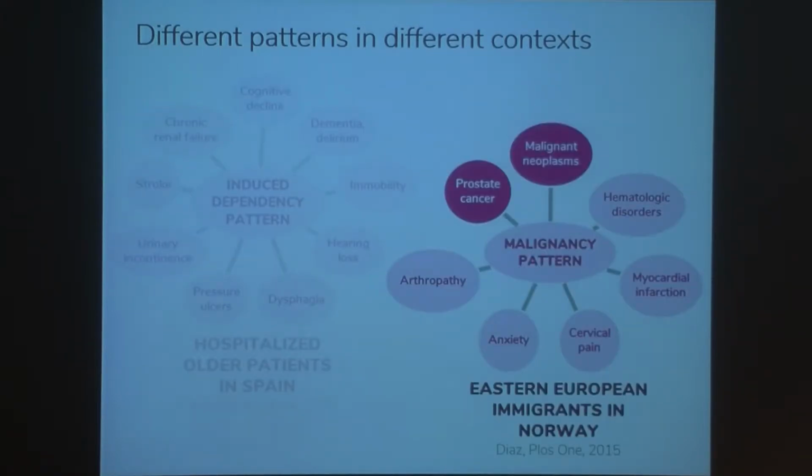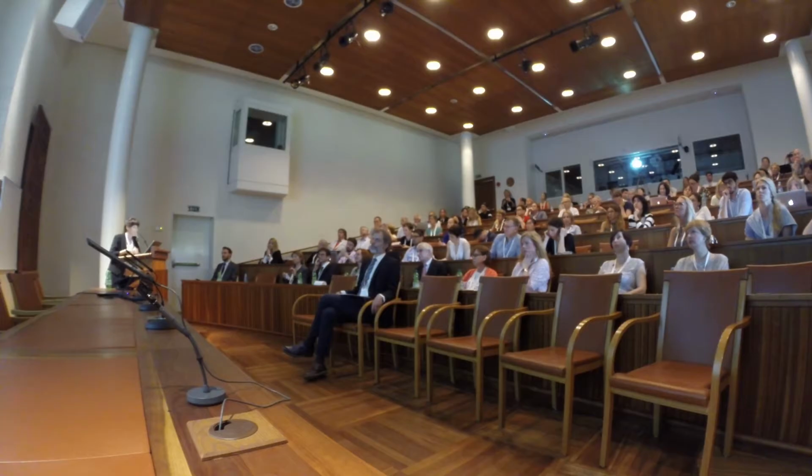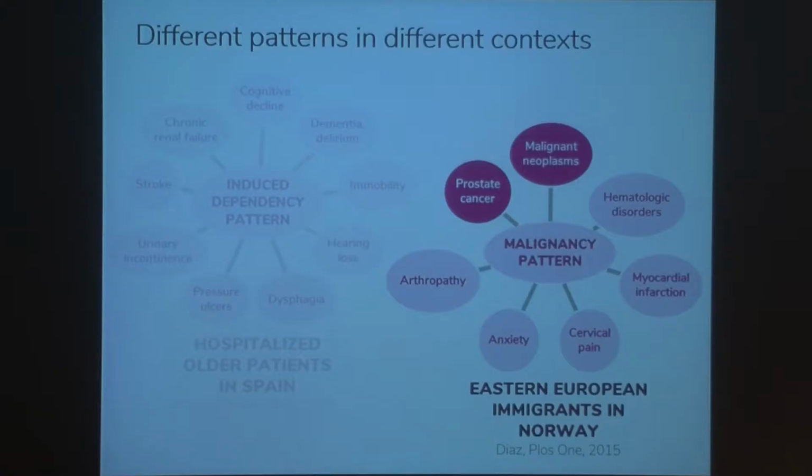In another study that we did on immigrants in Norway, we saw a pattern that we called a malignancy pattern, and it clustered together the most typical types of cancers. However, among Eastern Europeans, these most common cancer types were also clustered together with other health conditions such as arthropathy, anxiety, or cervical pain.